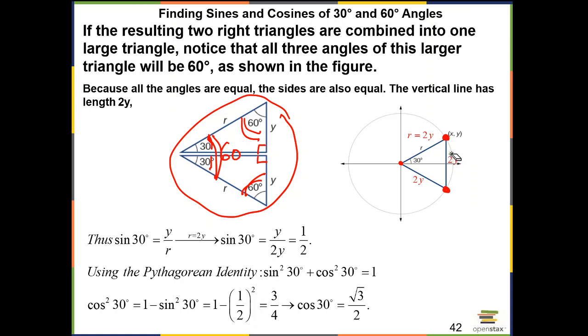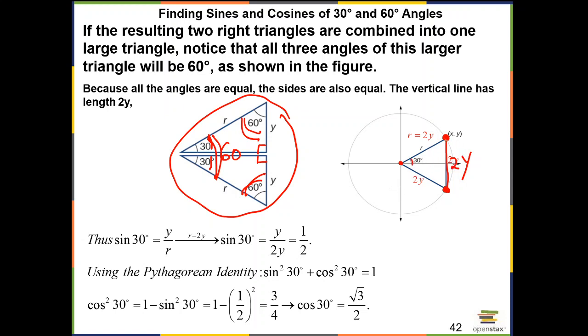That means all the sides are the same. Now we know that the distance from here to here is 2 times y, because each of these is y units. And that makes these actually 2y as well, right? So that's 2y, this is 2y, and that's 2y, right? Okay, now, what is the sine of 30 degrees?